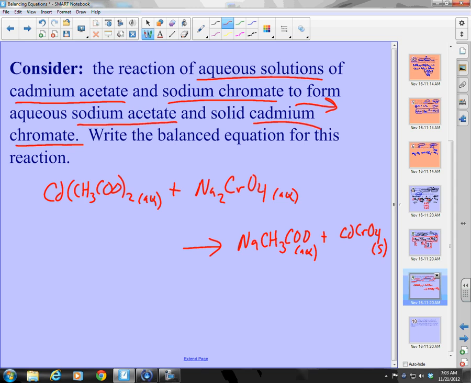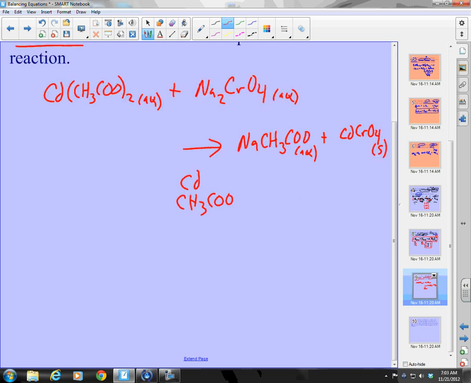Now, first of all, you have to write these formulae correctly, meaning you must know your polyatomic ions. Now I want to balance this, changing only what? My coefficients. Now, this is where it makes sense. You know, I said keep your polyatomics, consider them as units, not as individual atoms.